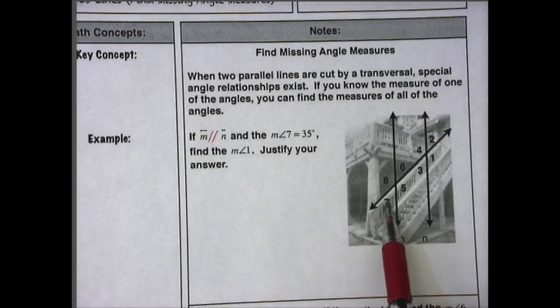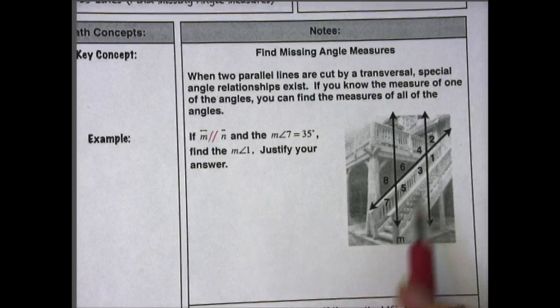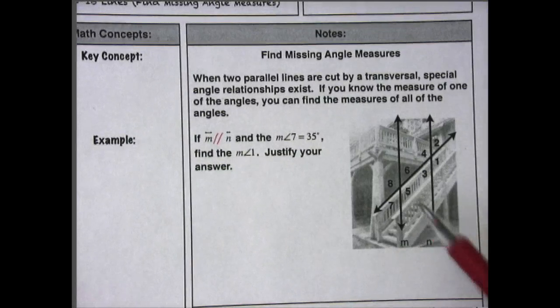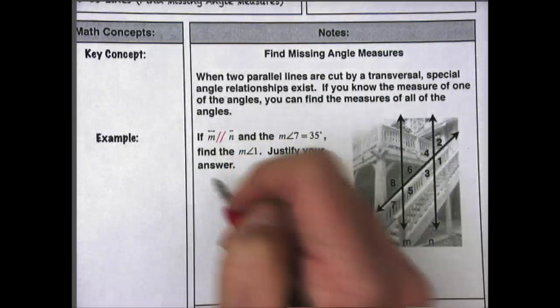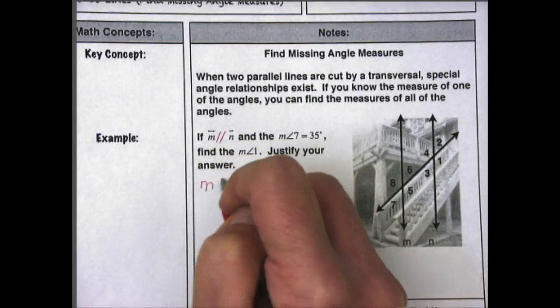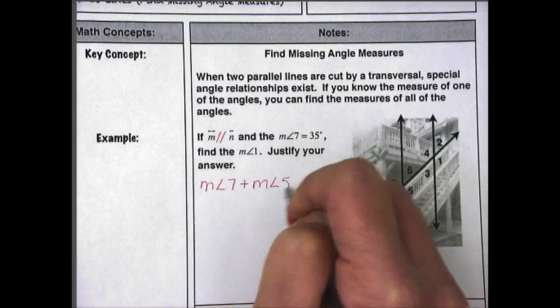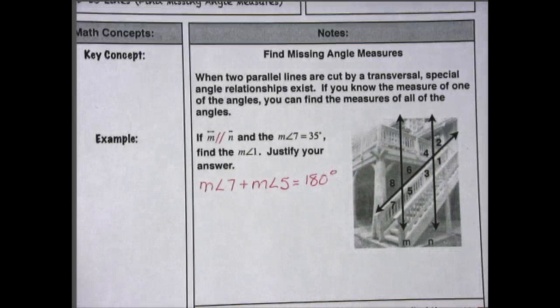We have angle 7 and angle 5, and if you look at your notes, you will remember that angle 7 and angle 5 are supplementary angles. And supplementary angles are angles that lie on a straight line, and their measures equal 180 degrees. So let's write the measure of angle 7 plus the measure of angle 5 equals 180 degrees. That's something that we know.